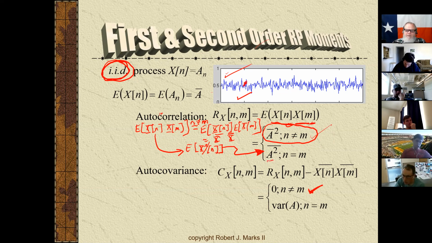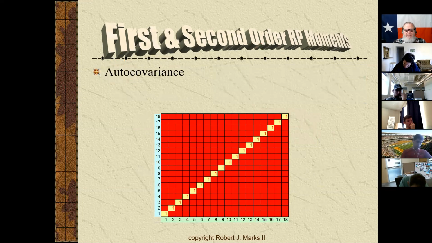And if we subtract off the square of the first moment here, we get the variance of a. So therefore, we should get in this response something that looks like this. This should be our autocovariance.